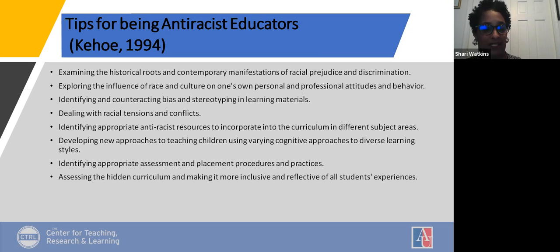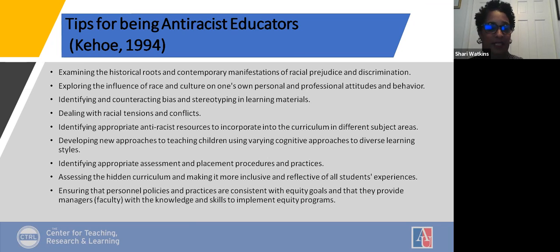Assessing the hidden curriculum and making it more inclusive and reflective of all students' experiences. And this requires that we make sure that we are transparent in our communication with students, and that we're also engaging in multiple ways with students and communicating with them, and not just taking a one-size-fits-all approach in terms of communicating with our students to make sure that they are academically successful.